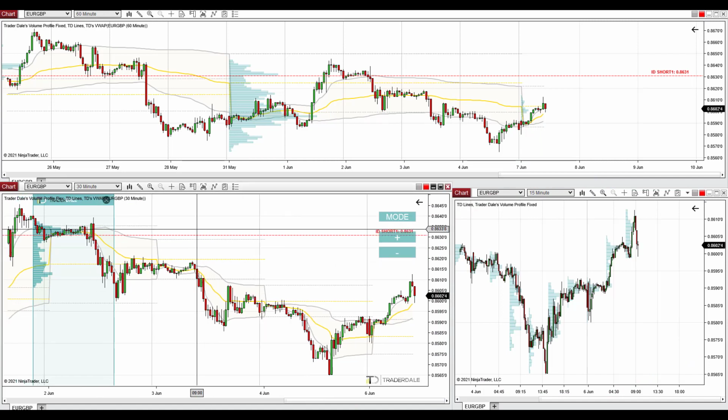The first one is based on a setup which I call the volume accumulation setup, and is based on this. There was a rotation, and after the rotation you can see that there was strong selling activity, and afterwards you can see that the downtrend continued. So on the Euro British Pound it seems that there are strong sellers who are currently pushing the price downwards.